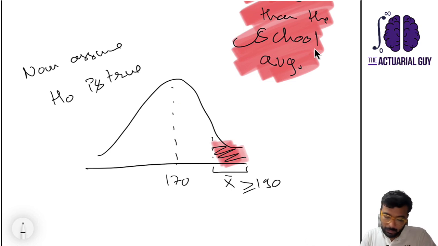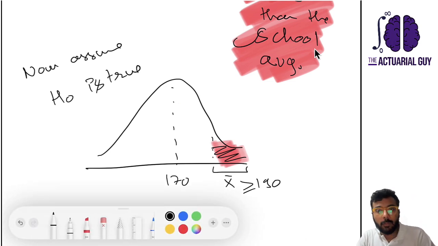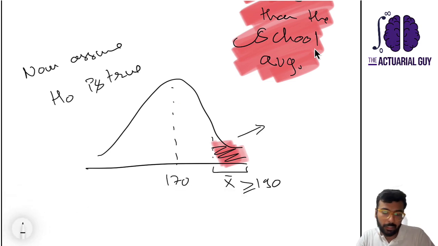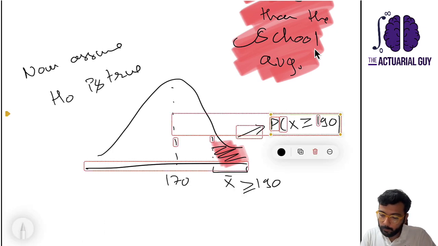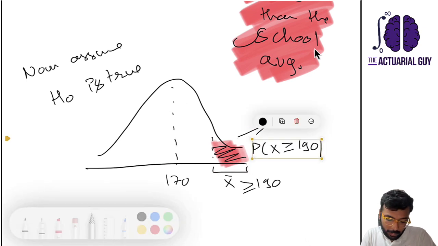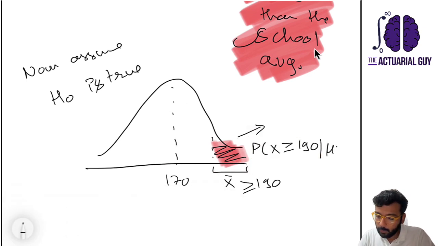In fact, the probability of getting a sample with a height of 190 or more, given that the null hypothesis is true, given that mu is in fact equal to 170, is very small.